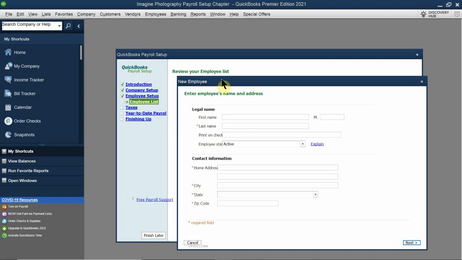So obviously you would have to have the standard state identification card. You need to have a Social Security card. If you only employ U.S. citizens, then you may need to require some kind of birth certificate or certificate of naturalization.